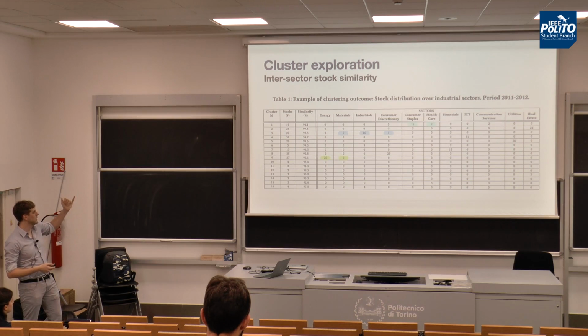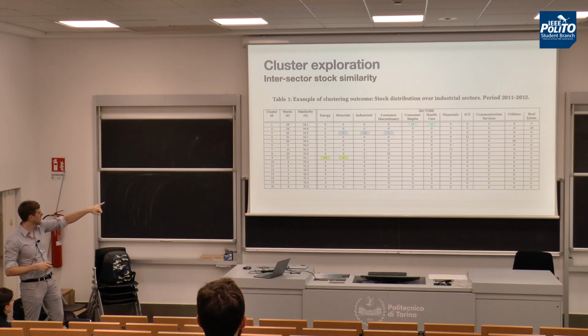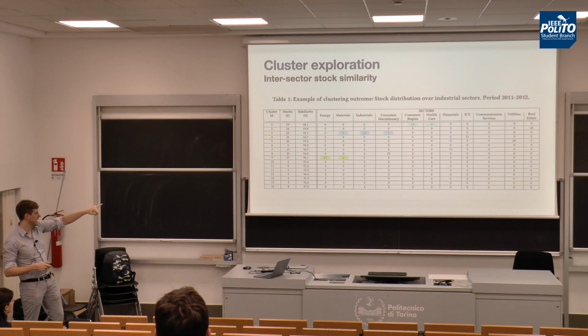To see an example of intersector stock similarity, let's say cluster 9, the one with the light yellow highlighted numbers, you can see that all the stocks of the energy sector are in the same cluster, so it's quite focused on the energy sector, but there are also two stocks of the materials sector.